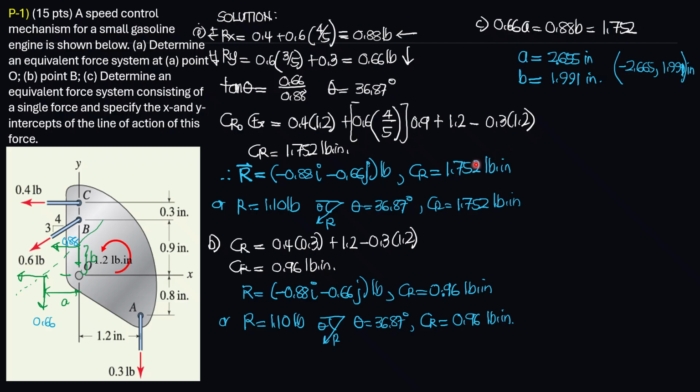The other way is you get the magnitude, square root of 0.88 squared plus 0.66 squared, so 1.10 pounds. Since it is directed down to the left, the angle is 36.87, already computed. You have to indicate that. And the couple is 1.752 pound-inch. So these are the two ways of expressing the answer to part A.